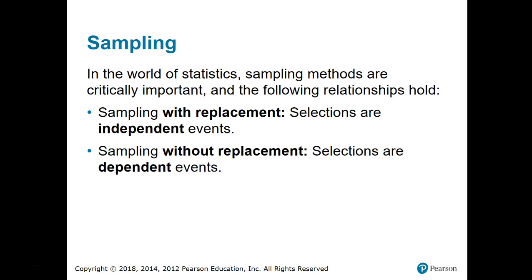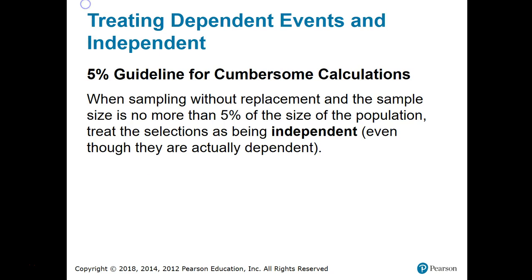So sampling. We can do sampling with replacement, where selections are independent, or sampling without replacement, where selections will be dependent. Now, this is kind of the same thing, treating dependent events and independent events. 5% guideline.